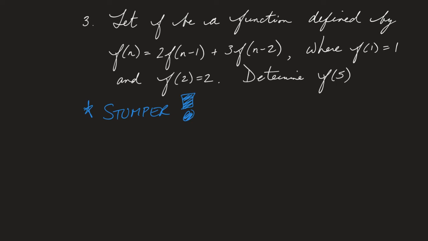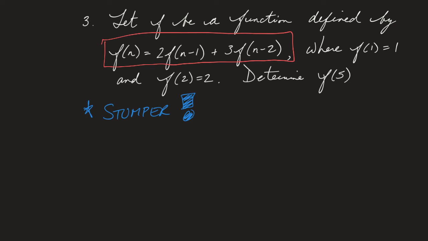Okay, what is the stumper? Problem 3 asks you to let f be a function defined by, and now there's your big ugly function. I'm just gonna circle it in red, or box it in, so that we can clearly see it. That function says f of n equals 2 f of n minus 1 plus 3 f of n minus 2.